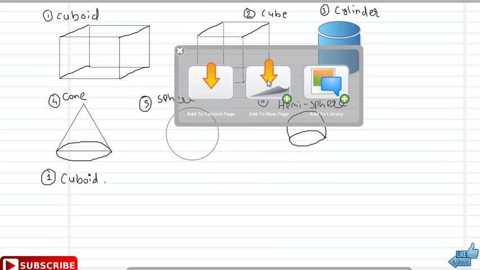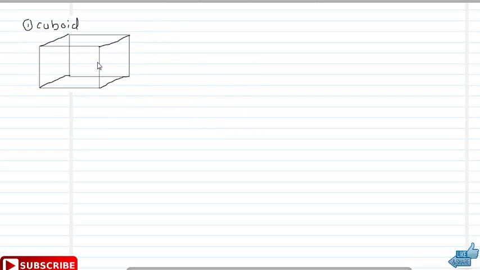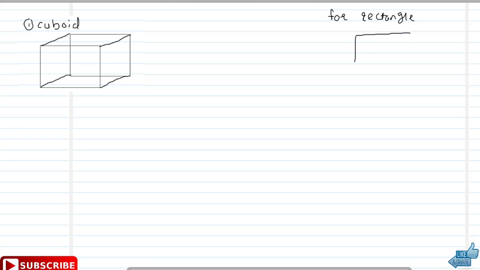Okay, this is my cuboid. So now see carefully, if you observe this cuboid carefully, the first side is in rectangular shape. So we know that for a rectangle, the area of a rectangle is nothing but L into B, length into breadth. Correct? I hope everyone knows this area of a rectangle.